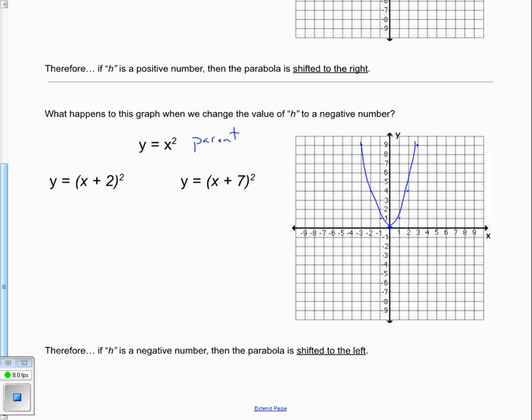But now, if we have y is equal to x plus 2, all squared, then this parabola, the green parabola, is going to shift itself horizontally 2 units to the left. In this instance, the step pattern remains the same, but now it shifts 2 units to the left.